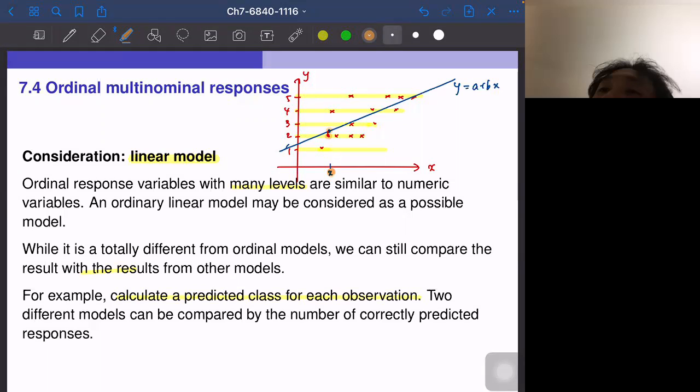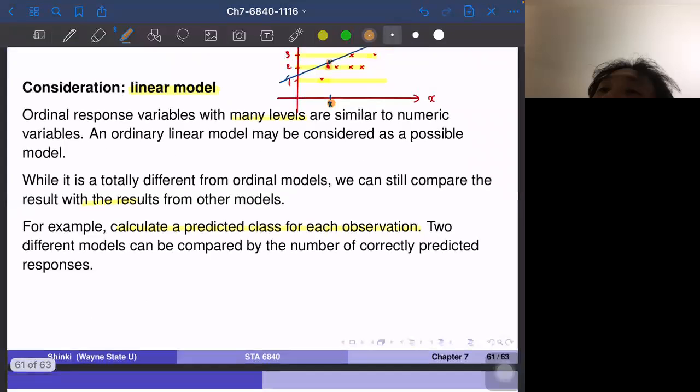Then we can compare the number of correctly predicted responses, and compare the performance of the linear model with the proportional odds model. In general, comparing fitted values is a good way to compare totally different models.